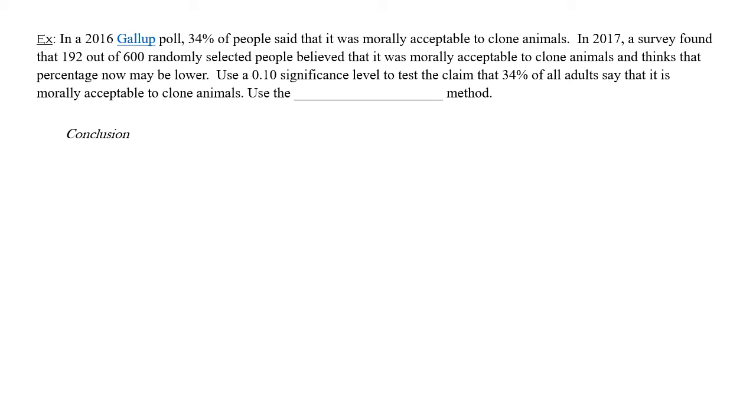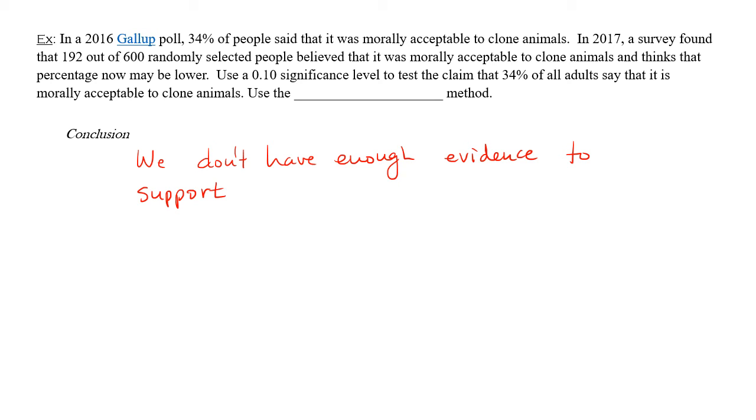Since we're failing to reject, the conclusion is that we don't have enough evidence to support the alternative hypothesis, that the population proportion is less than 0.34.